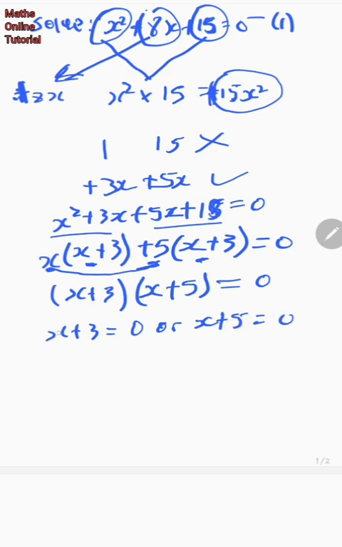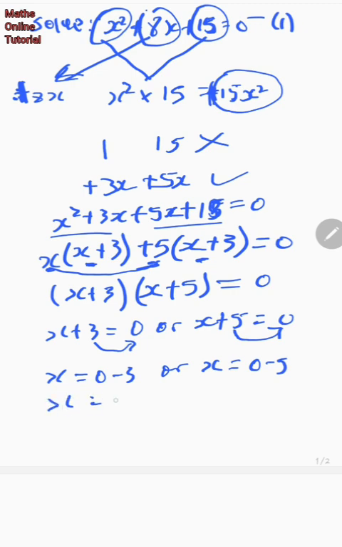The idea is that we want to make x the subject of the formula. So we remove 3 from here and take it to the other side, and the same with 5. When 3 crosses over the equals sign, it changes to minus. So x equals 0 minus 3, or x equals 0 minus 5.